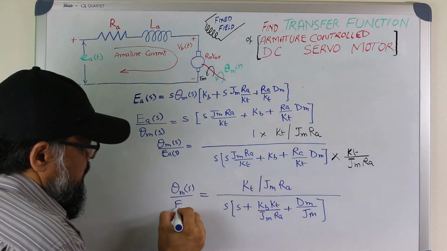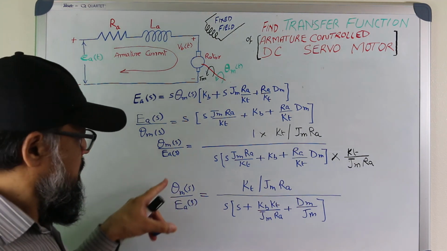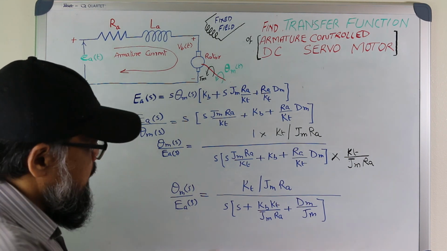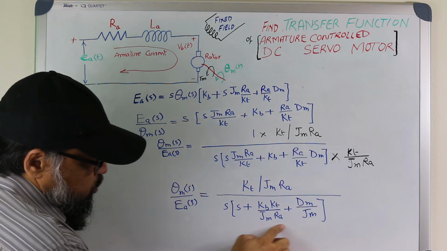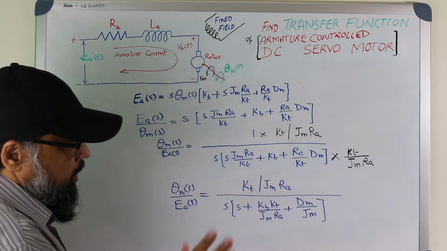It is the ratio of the position of the motor divided by the applied voltage. So this is our transfer function. I just want one more step to simplify this, so that we can take this 1 divided by j common. Otherwise you can keep it here, it's perfectly fine.